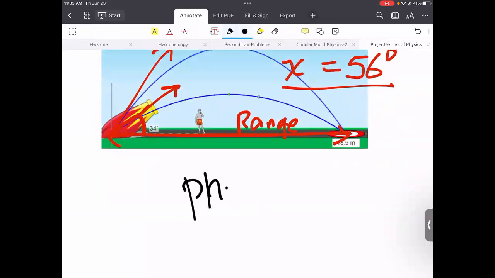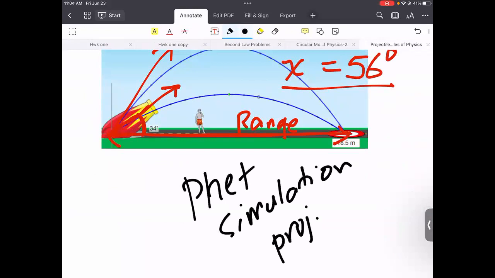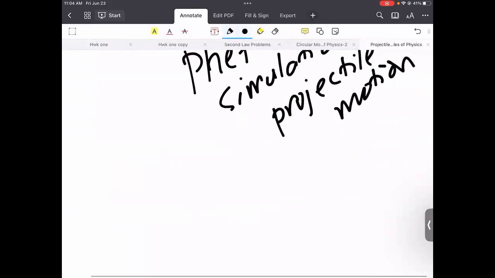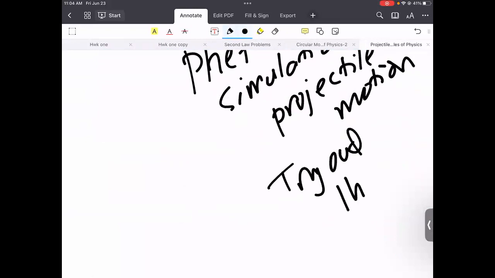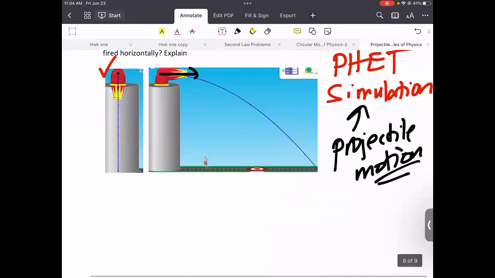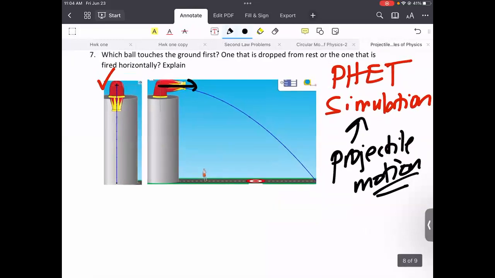Go to the PhET simulation, projectile motion, and try this out. If you do, you realize that they touch the ground at the same time.